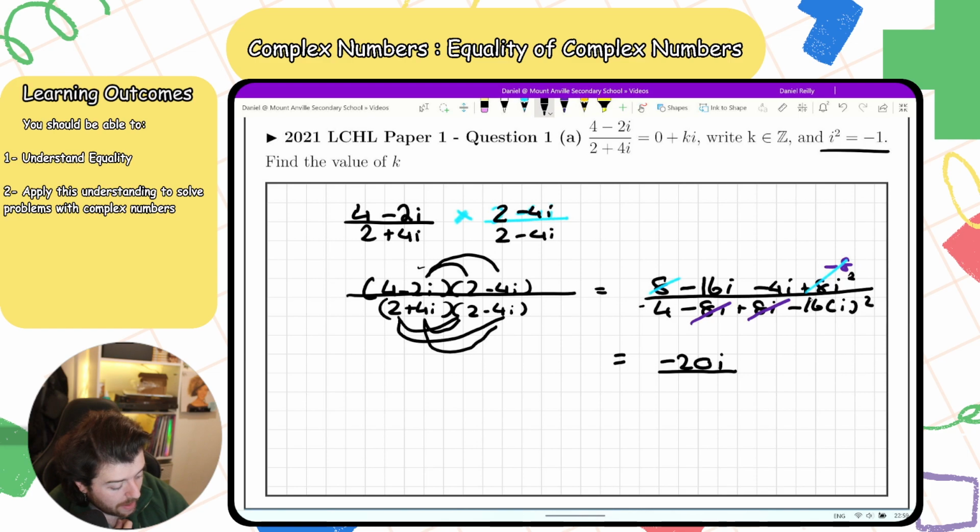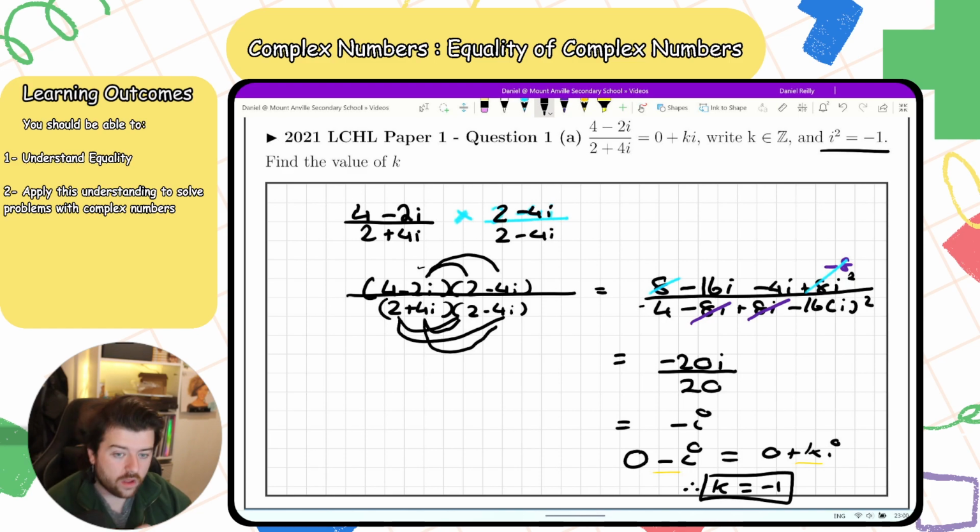So that's going to become a plus 16, which is 20. And that is going to give me minus i. And the complex number is 0 minus i. And if that equals 0 plus ki, real with real, imaginary with imaginary, that just means k is equal to minus 1.